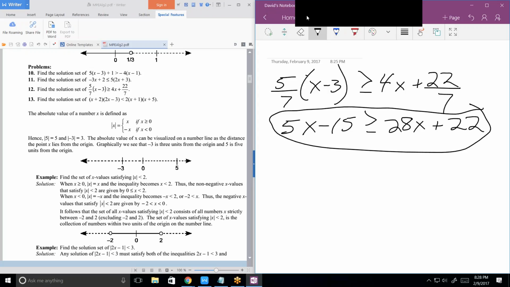What's the next line? It would be negative 15 is greater than or equal to 23x plus 22. And the next line?